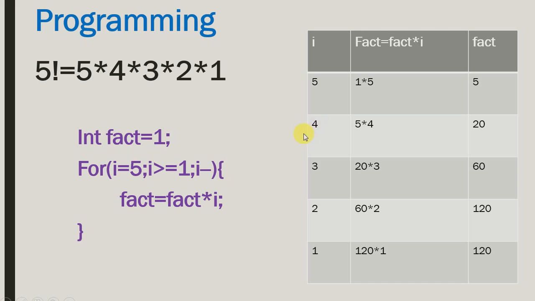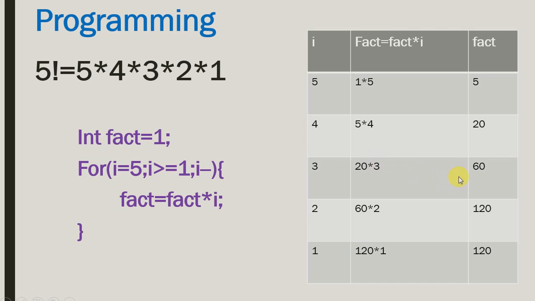Then this fact value 5 is used again in the second iteration. Then 5 multiplied by I, which is 4, will be 20, and this 20 will be used in third iteration for I is equal to 3. Then 20 multiplied by I, which is 3, will be equal to 60.